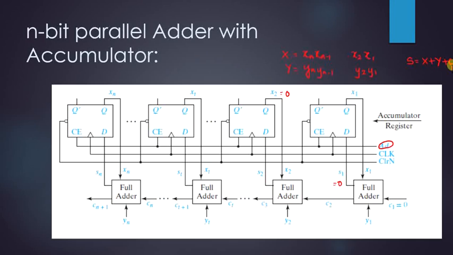Thus Xi plus, that is the next state of Xi, is equal to the sum. And if AD is equal to 1, the number x in the accumulator is replaced with the sum of x and y following the rising edge of the clock.